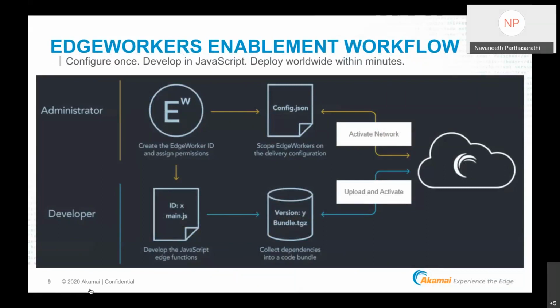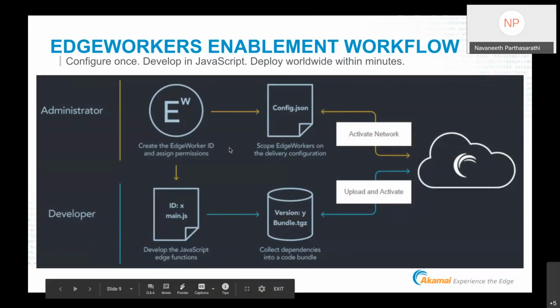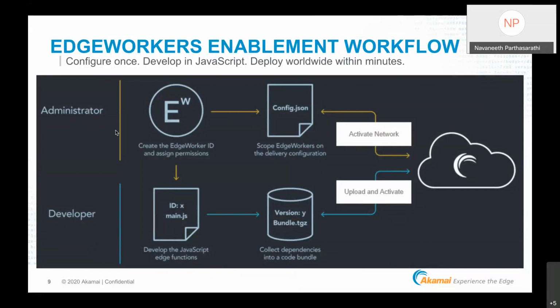Now going to the workflow of the edge workers itself, there are two separate tracks. The first track is the administrator track, where the administrator needs to initially enable the edge worker with the permission, the ID, so that the developer can use the credential to connect.